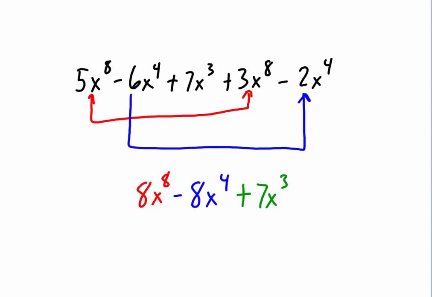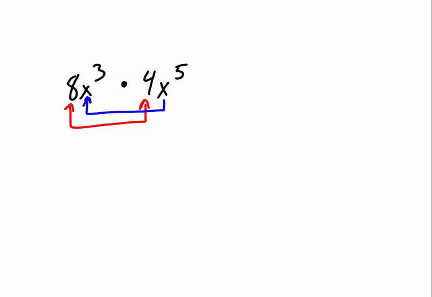Okay, so now let's take a look at multiplication real quick. So we might have 8x to the 3rd times 4x to the 5th. When we do this, it's kind of like we're doing two different things. One is that we're looking at these coefficients, and two, we're looking at the variables being raised to the power. With the coefficients, we just multiply. 8 times 4, 32.